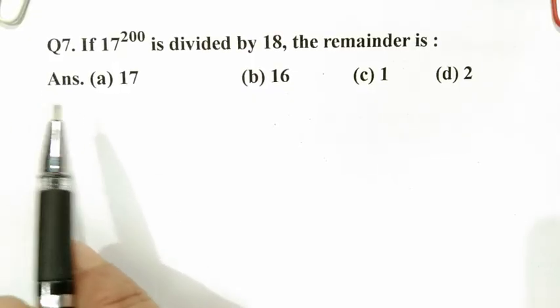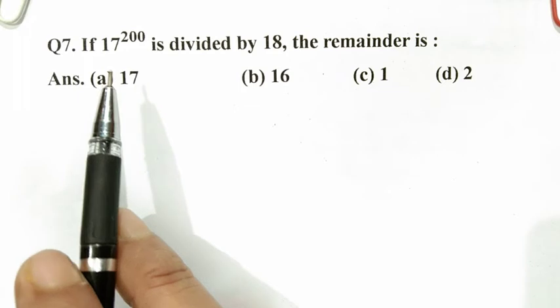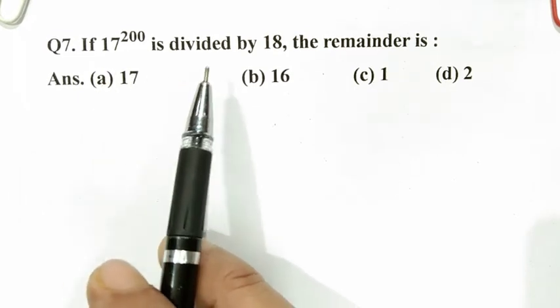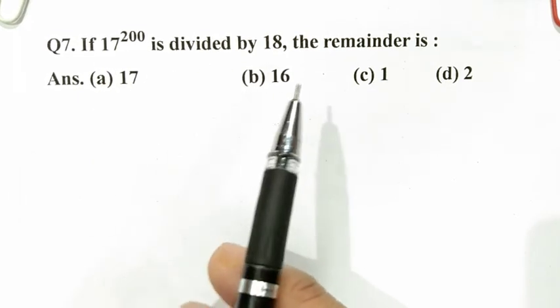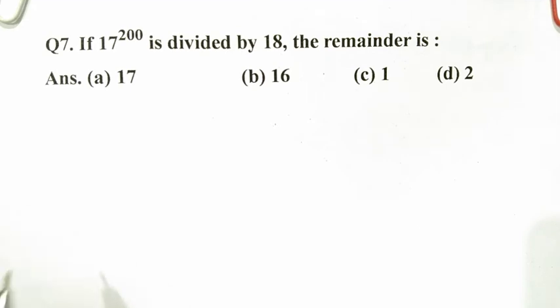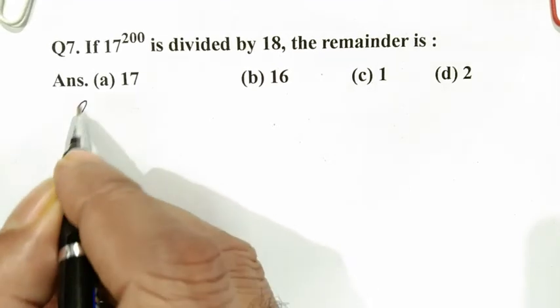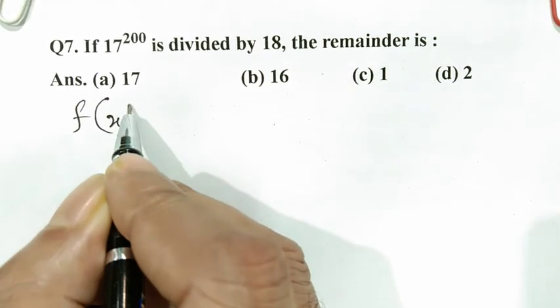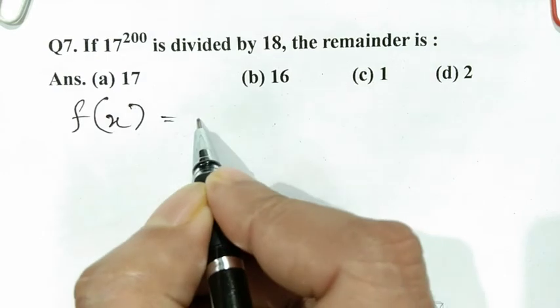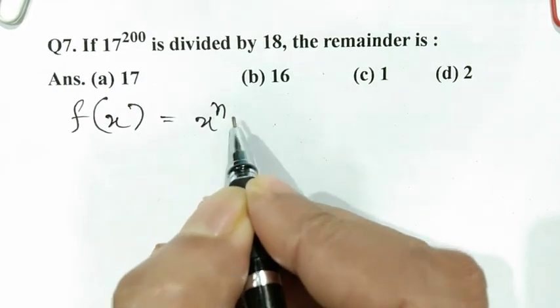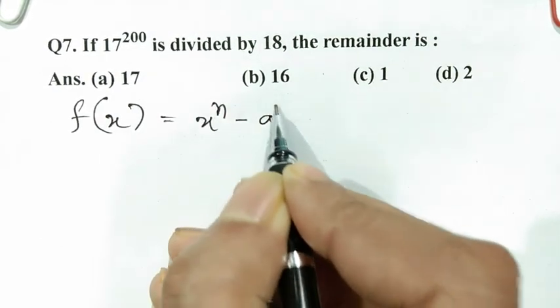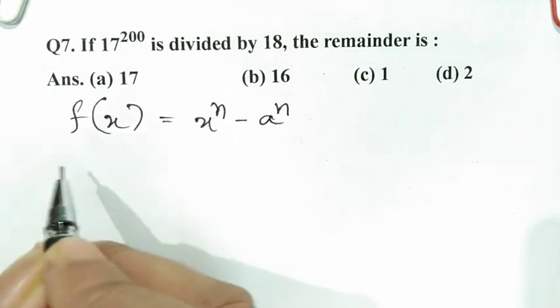Next question. If 17 power 200 is divided by 18, the remainder is? Let f(x) equal to x to the power n minus a to the power n.